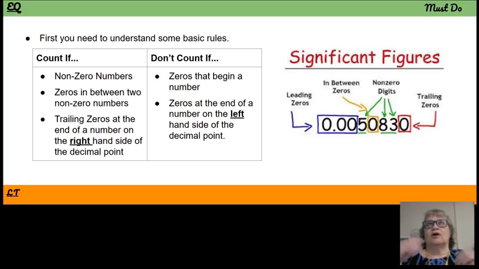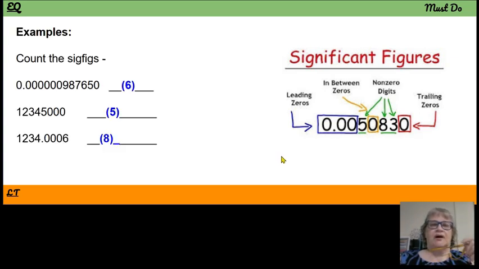So if I wrote the number 20,410, the 0 at the very end is not significant. All right, so let's count the number of significant figures in this number.